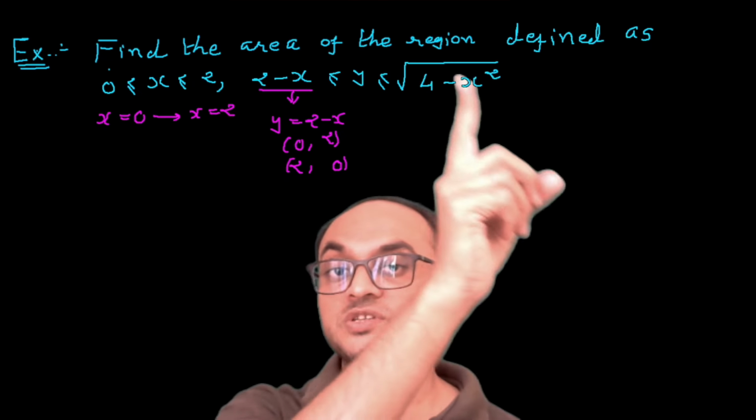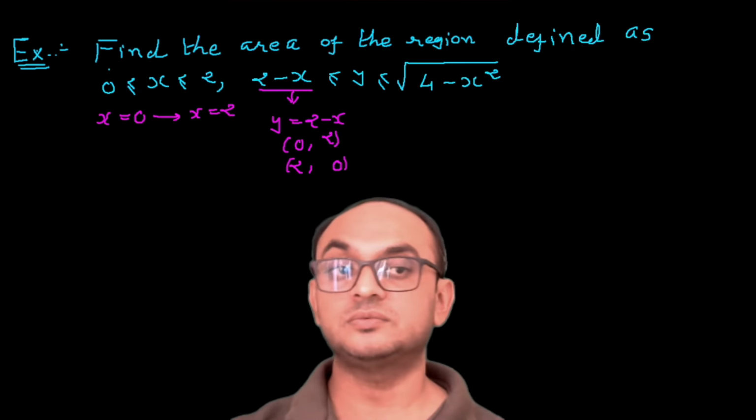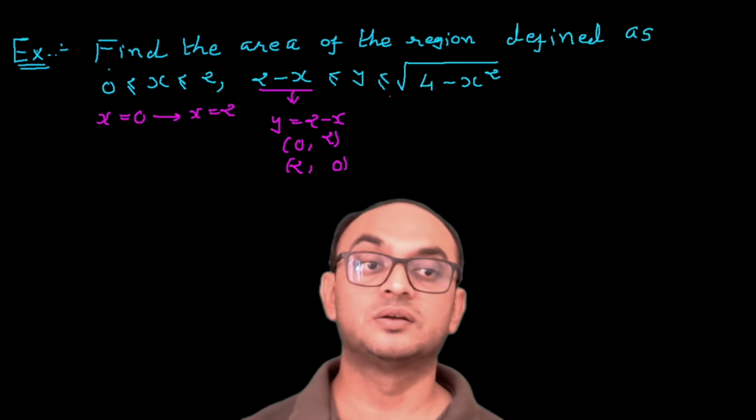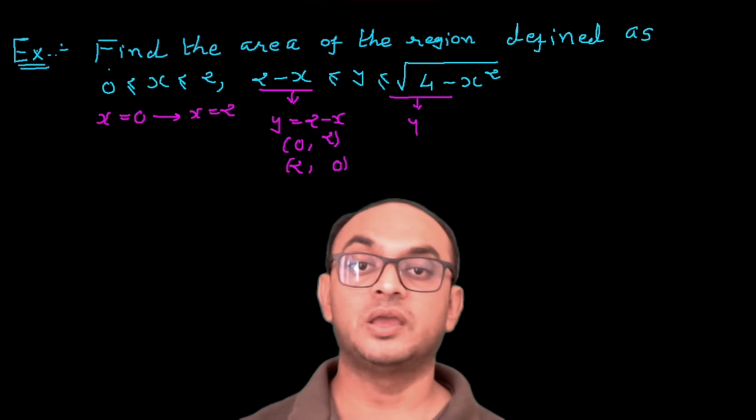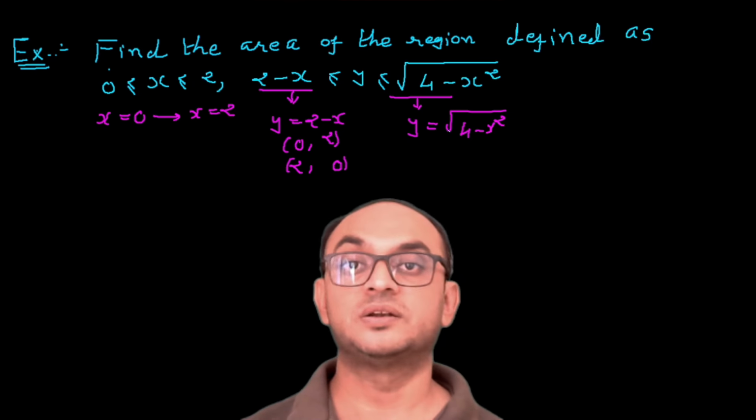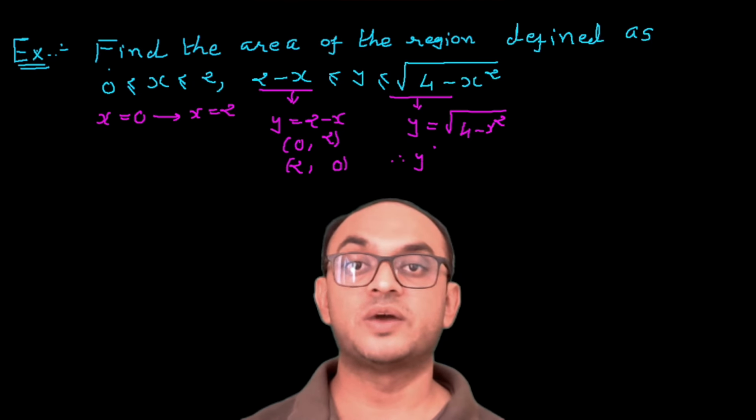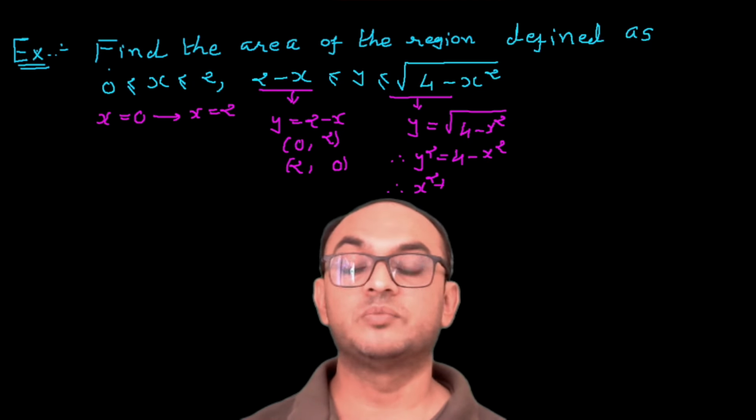Next, which equation is this? y is equal to the square root of 4 minus x square. Squaring both sides, y square is equal to 4 minus x square, and therefore x square plus y square equal to 4.